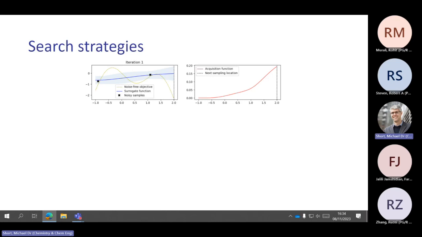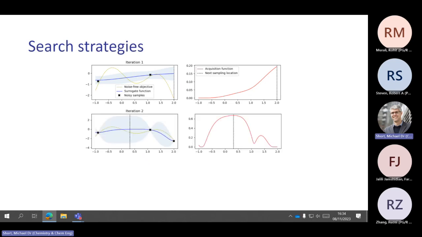First, we train the statistical model using the initial 2 samples. In red is the analytical expression for the acquisition function. When we maximize the acquisition function, we find that 2 is the next point, which means it has the highest acquisition function value, and that is the point we want to evaluate.